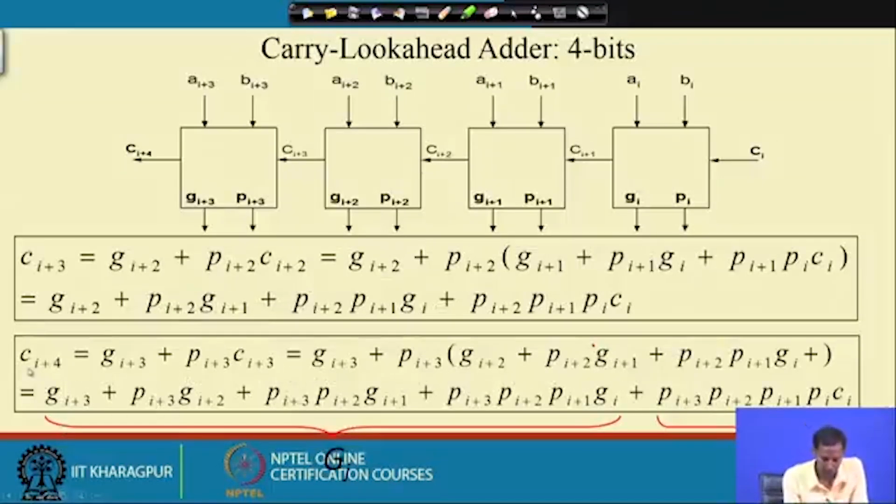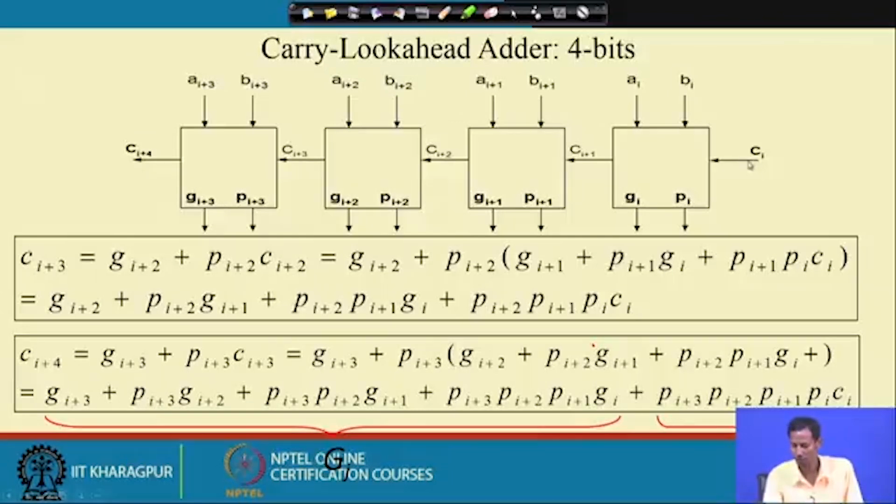So, something like this I will get for this expression. So, Ci+4, what will be the expression? That is Gi+3, Pi+3, Gi+3. So, this is for the generation of the carry, and this particular P, what we have seen, that is P3, P2, P1, P0 into the last C0.